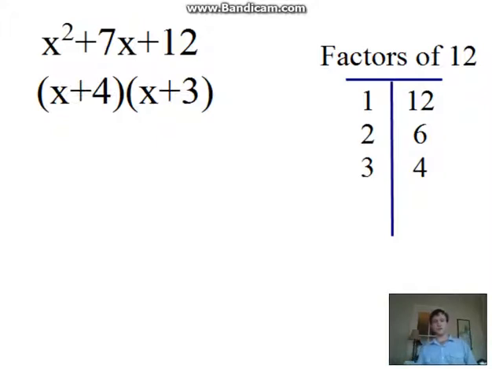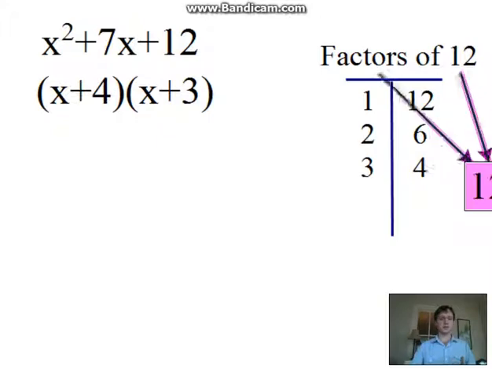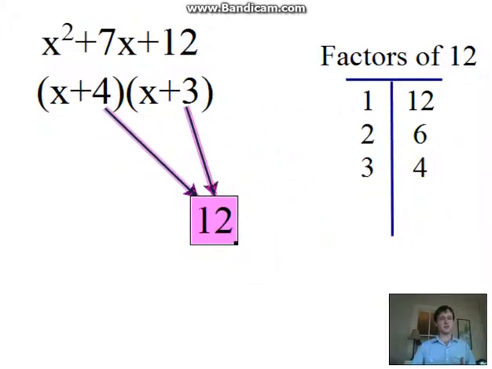That ends up being our answer. But let's look at why more generally. Let's look at how we get our constant. We multiply our two constants, remember, those are the ones we had to figure out. When you multiply these together, they get 12. So to get the constant to end up right, we needed them to be factors of 12.